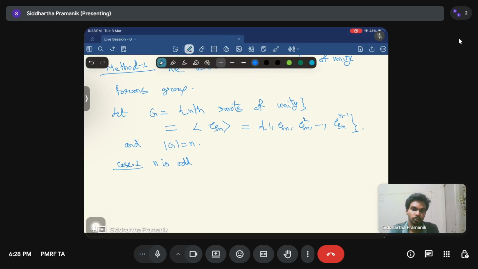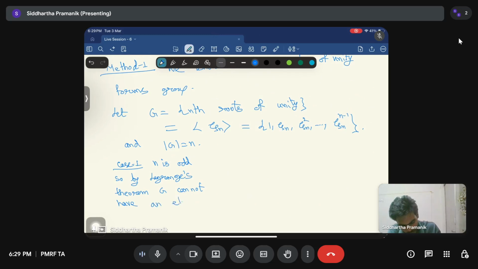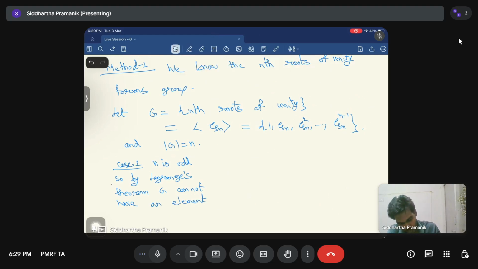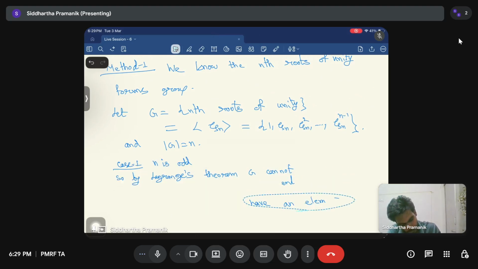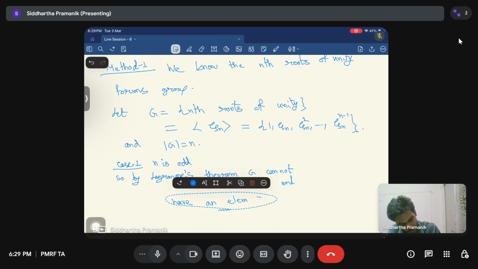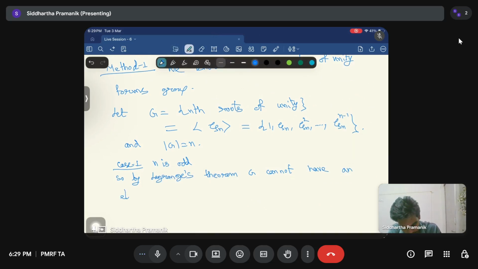So by Lagrange's theorem for groups, G cannot have an element of order 2.